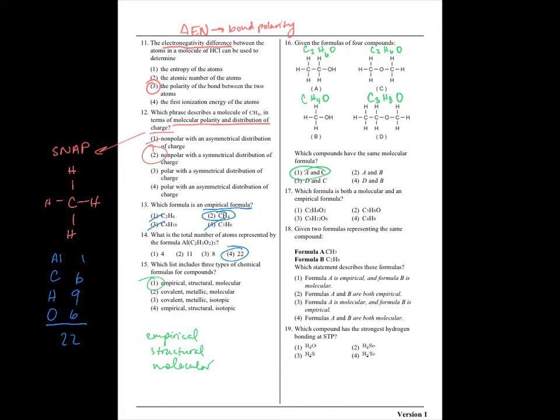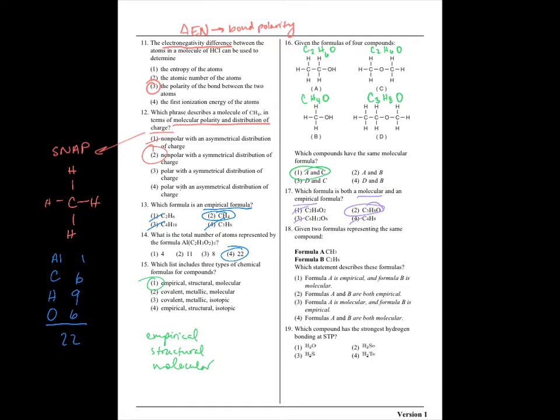All right, 17. Which formula is both a molecular and an empirical formula? You're looking for something that can't be reduced any further, because molecular is the bigger numbers and empirical is reduced. So let's look for something that is already reduced. Choice 1 can't be it. Choice 3, nope. Choice 4, nope. So it's just choice 2. All right, 18.